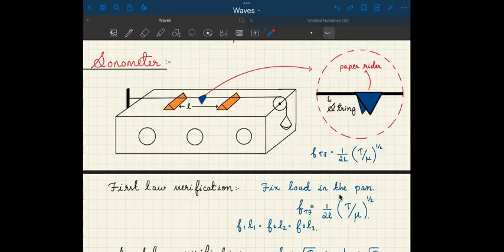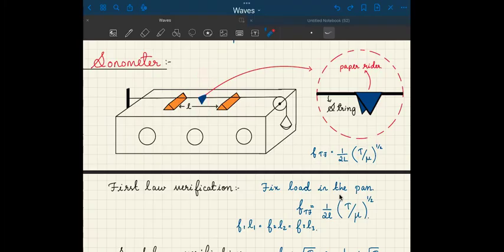Suppose the tuning fork frequency and the natural frequency of the string match. Then this portion will be in resonance with this tuning fork. When it is in resonance, maximum energy is transferred to the string. In such a case, amplitude is high. If the amplitude is high, what happens?